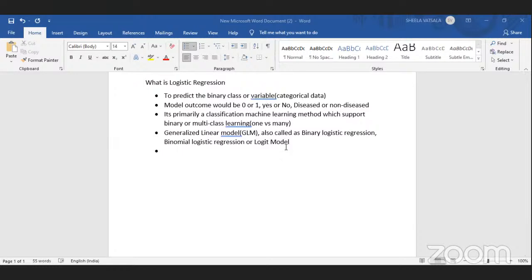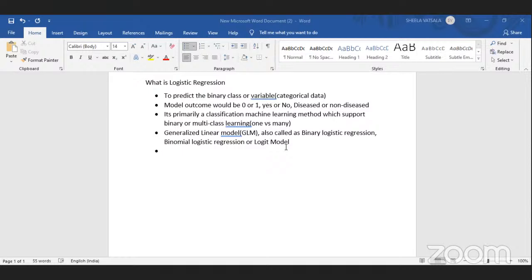When we understand logistic regression, it does not necessarily return directly the class of the observations. It estimates the probabilities of the class. To estimate the probability, it uses certain threshold values.